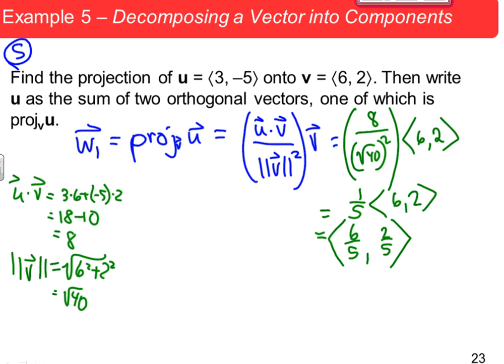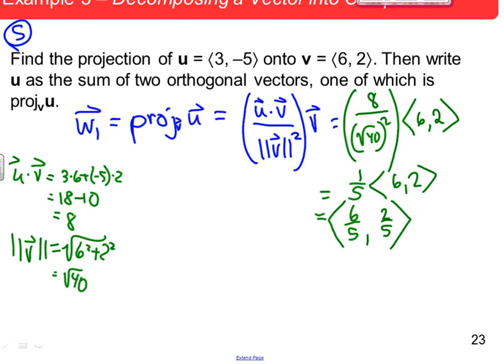Then we have to write U as the sum of two orthogonal vectors, one of which is the vector we have here. I'm sorry, I forgot to do the other component. The other component, W2, is relatively easy to find: W2 is U minus W1.